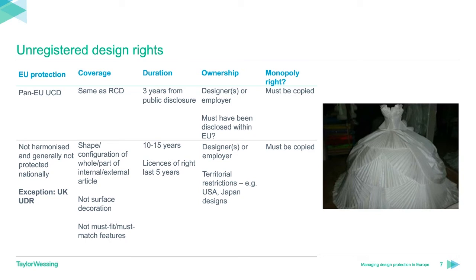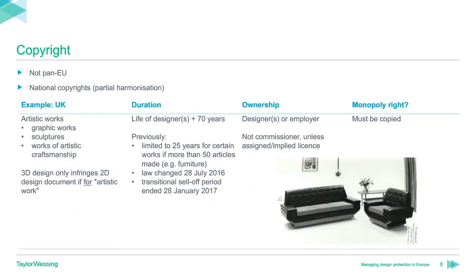And again, you must show copying. And on the slide here is an example of a UK unregistered design case involving a wedding dress, which was featured in the reality show Big Fat Gypsy Wedding.